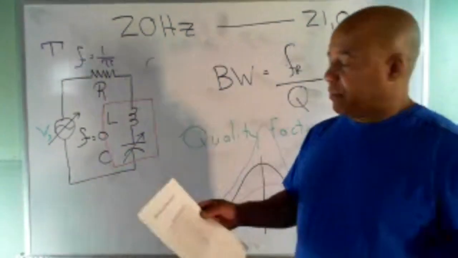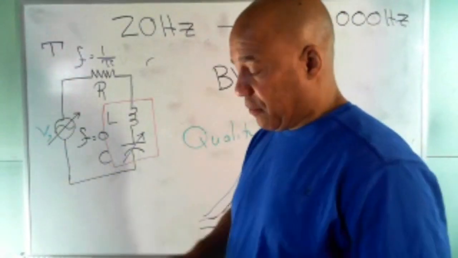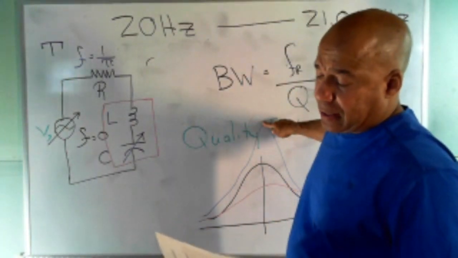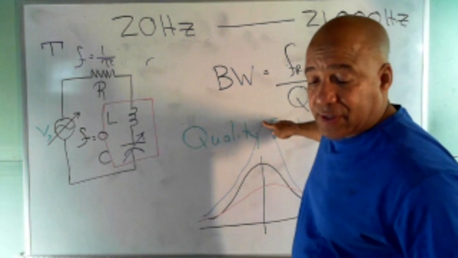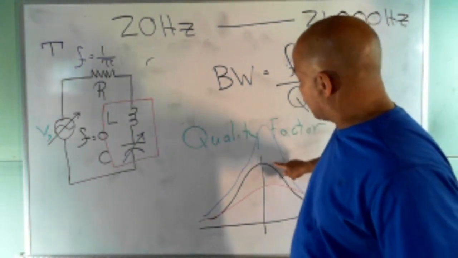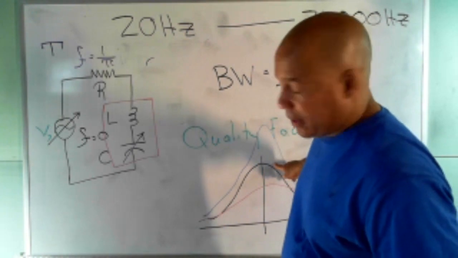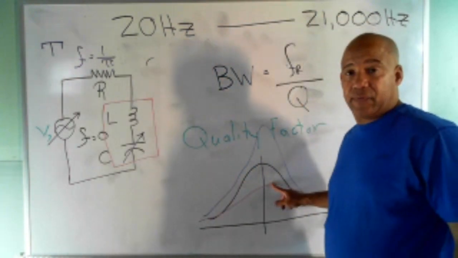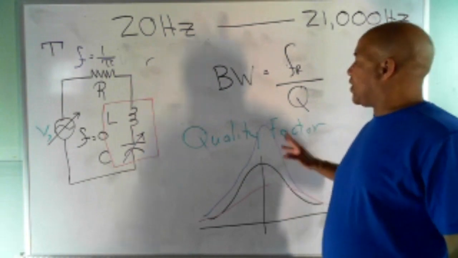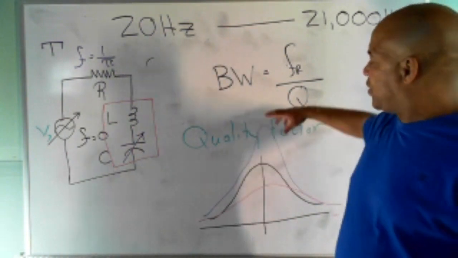So Q, if you look at the graph, this one has a Q of, I think that says 80. I don't have my glasses. I think it's 80. I think this was like 40, and that was 10. The Q, the quality factor, gives you the sharpness of the curve.